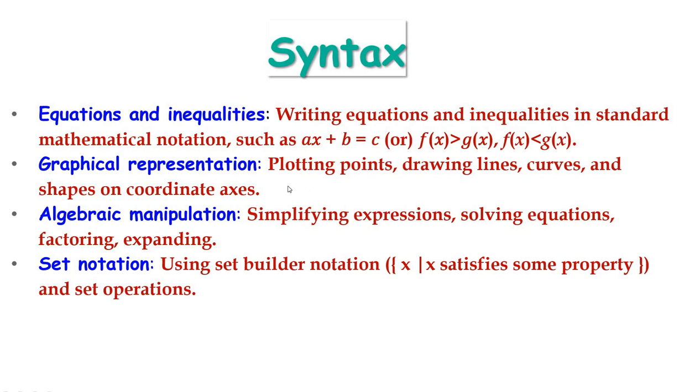You cannot plot for (2, 3) the point (3, 2). That order matters. Then drawing lines, curves, shapes and coordinate axes, all of them can be used in linear algebra. When we discuss the concepts in parallel, the graphical representation will help us.